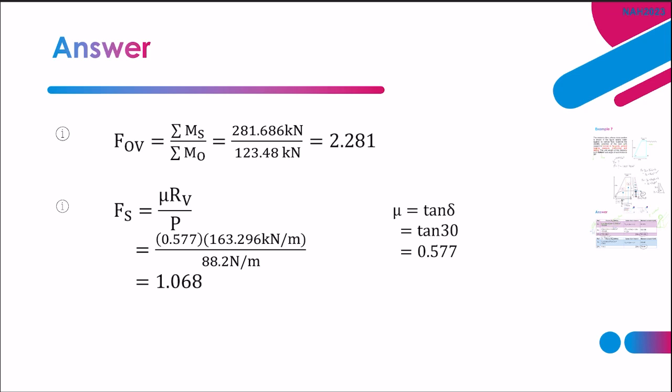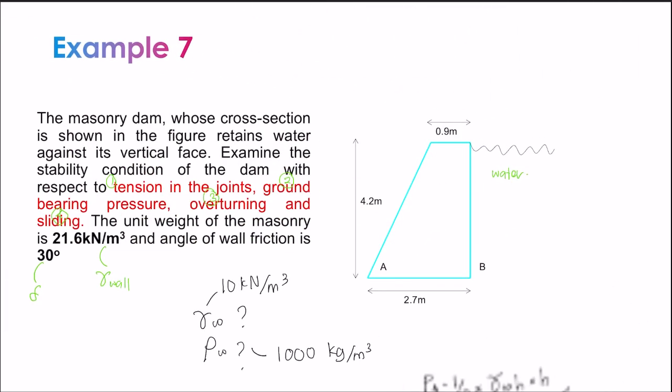Next, we have to find the factor of safety against sliding. That is mu RV divided by P, or mu V divided by P, the same thing. What is P? It is RH. For mu, we have to refer to our question, whether mu is given or not.